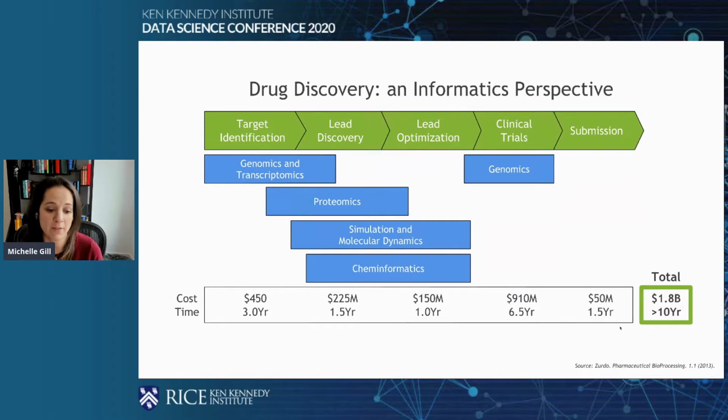So again, a very long journey to discover a drug for the treatment of a disease. And the computational and informatics methods that we just discussed are in fact an integral part of this process. You can see genomics and transcriptomics associated throughout the process, proteomics, various simulation, molecular dynamics, and cheminformatics as well.